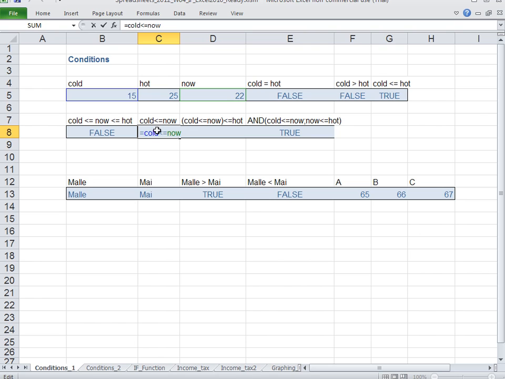We get TRUE. The next thing we might try to do is check the last answer, which is TRUE, and check whether that is smaller than hot. This is what Microsoft Excel does. It gets a TRUE from the first formula, and then it tries to compare this TRUE to something called hot, which is 25 degrees centigrade.